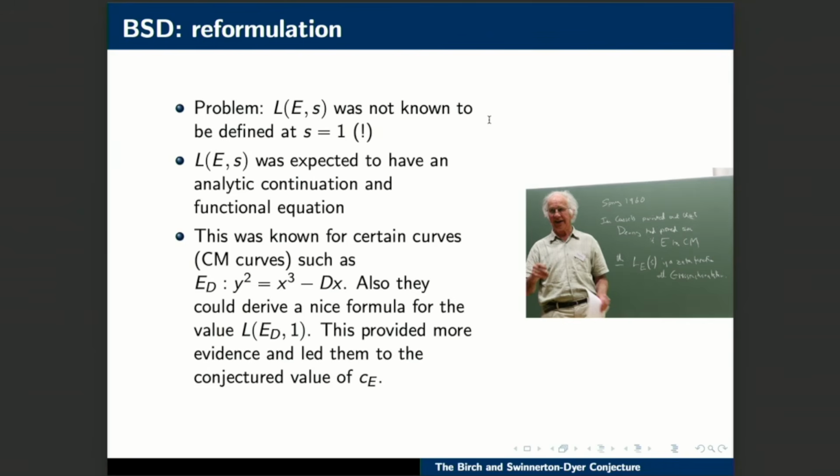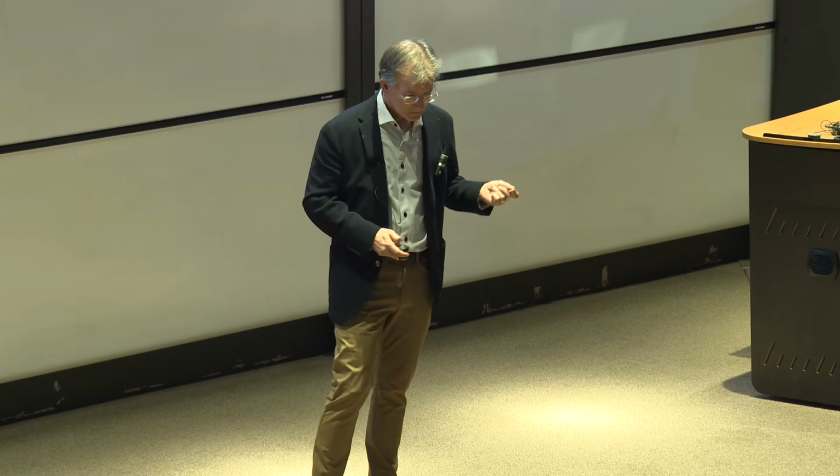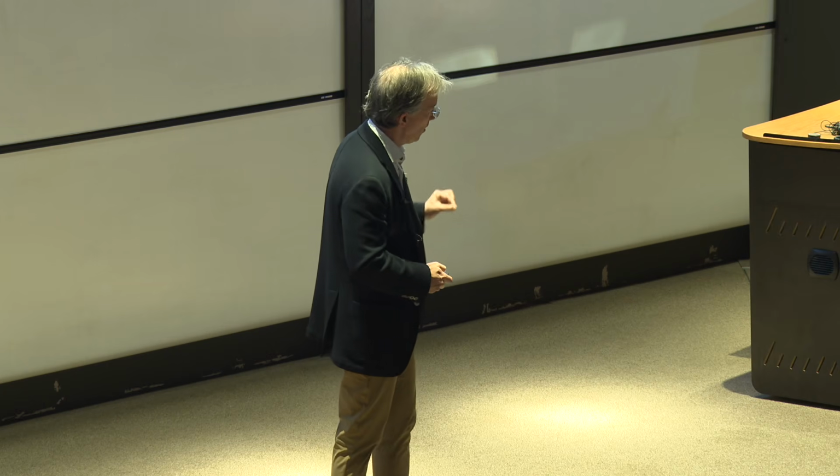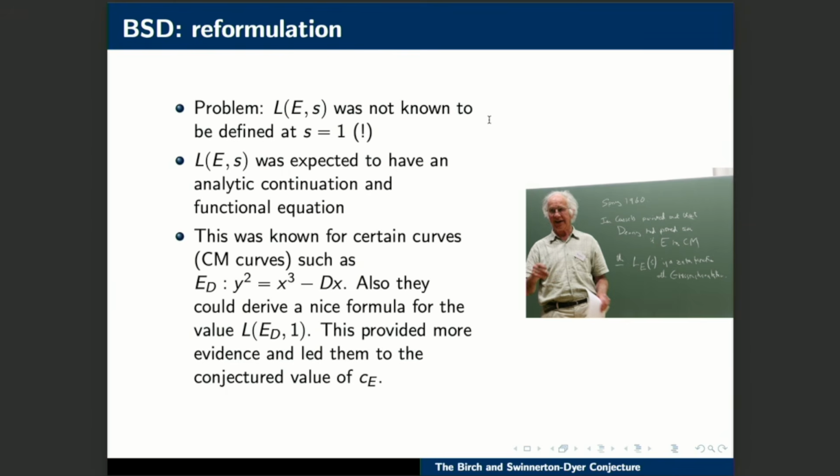And there was a class of curves that was pointed out to them for which this was known, the so-called curves with complex multiplication, examples of which are these very simple curves here. And for those curves, they even had a very nice formula for the value at 1. So not just was the value known, but you could write down some nice closed formulas in terms of other functions.